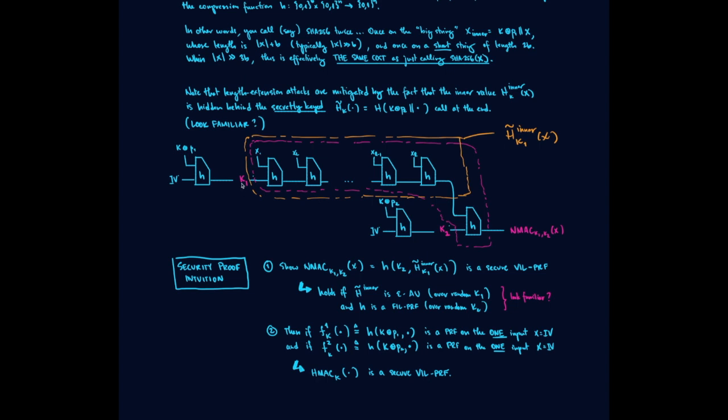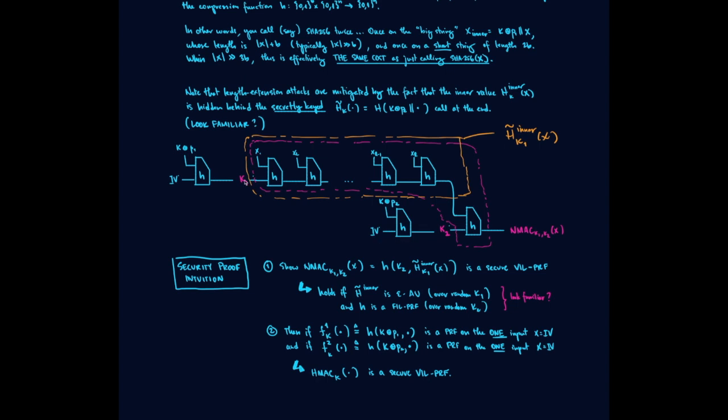Together, that means we get, under the assumption that this is a good PRF and this is a good PRF on this one input, that the first call here actually creates a secret uniform random key for H inner, and this creates a uniform random secret key for this last compression function call, which is exactly what we needed for this.